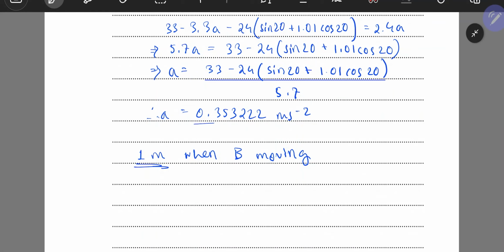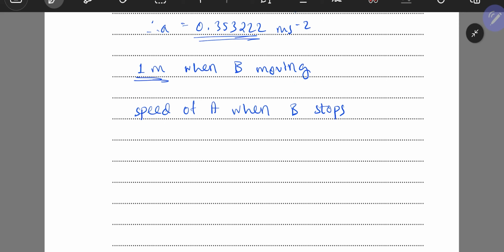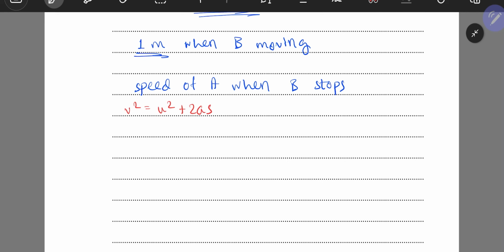So for this acceleration and this distance, we need to find the speed of A when B stops. Since they're starting at rest, I can use the formula v squared is equal to u squared plus 2as. Since they're starting at rest, u is 0, so what I need is v.